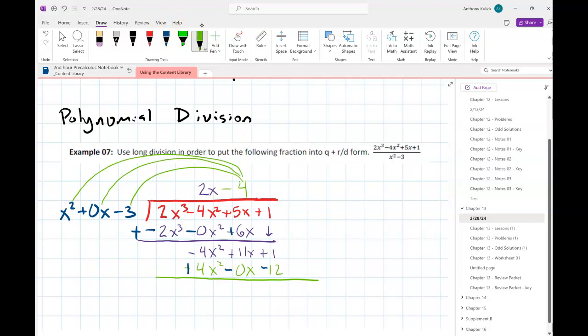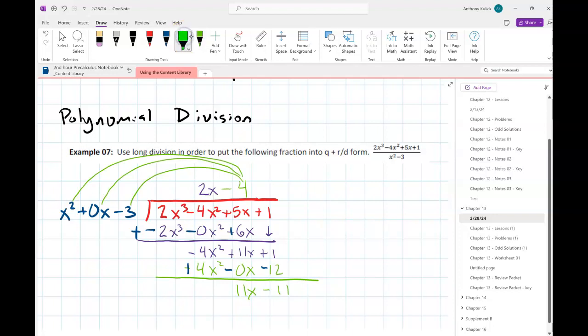So negative 4x squared plus 4x squared is 0. 11x plus negative 0x is just 11x. And then 1 plus negative 12 is negative 11. Everybody feels okay here?